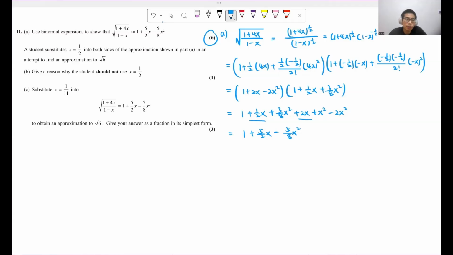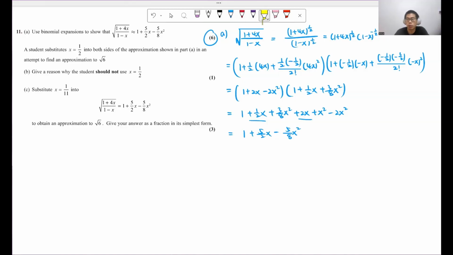Okay. And then for part B: a student substitutes x equal to 1/2 into both sides of the approximation shown in part A in an attempt to find an approximation to root 6. Give a reason why the student should not use x equal to 1/2. Okay, so before we check that, we again need to work out the range of valid values for x.